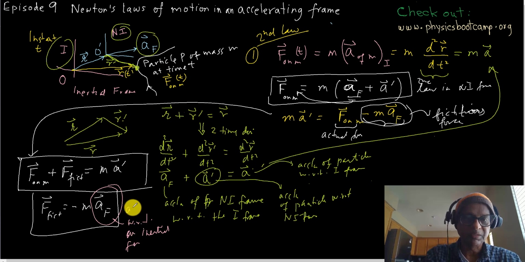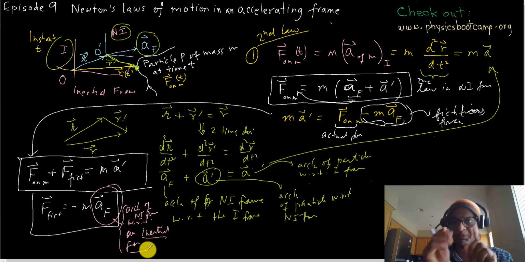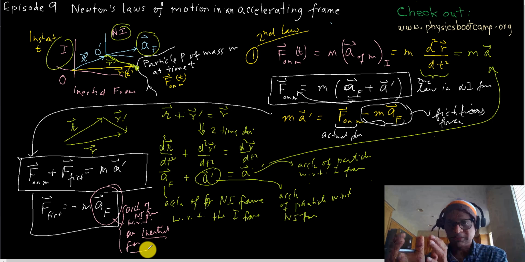So this is acceleration of non-inertial frame with respect to the inertial frame. The inertial frame is always going to be there. So whenever we do a problem, we always have this. An accelerating frame can be just an accelerating body, or it can be a frame which is rotating, like a frame that's fixed to the surface of the earth, which is rotating.